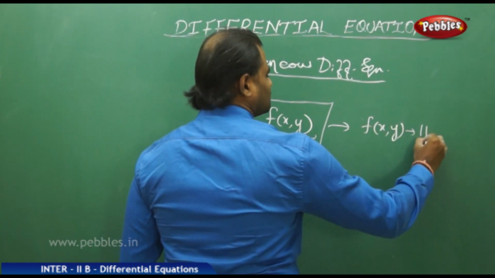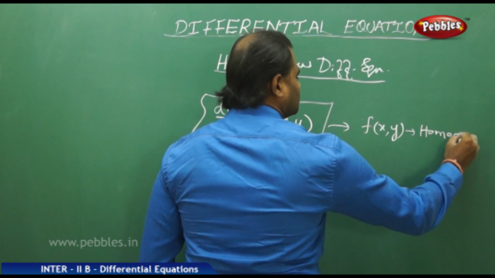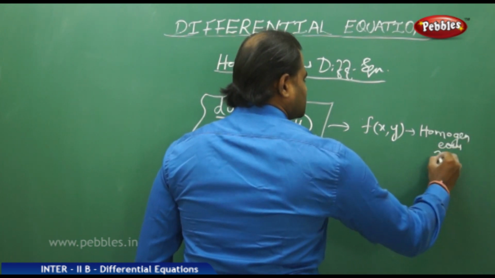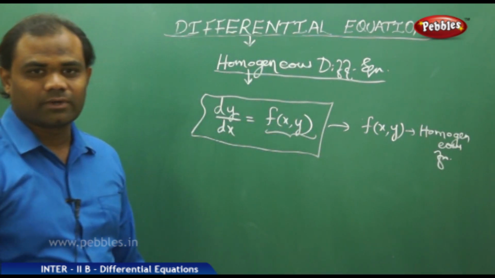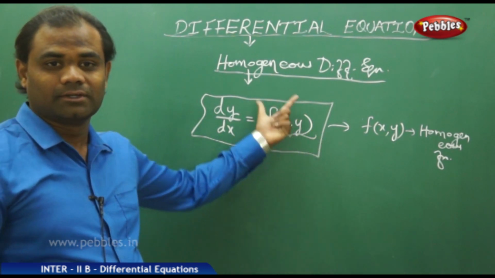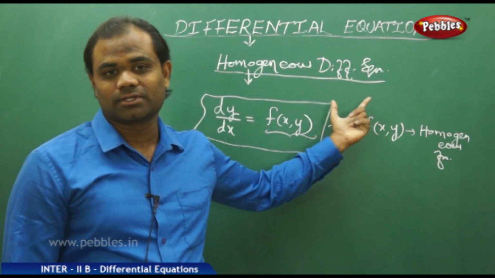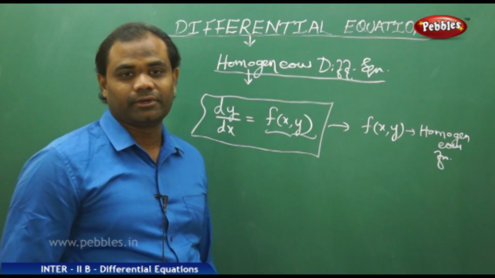If f of xy is a homogeneous function, then it is a homogeneous differential equation. If f of xy is not a homogeneous function, then this differential equation is not a homogeneous differential equation.